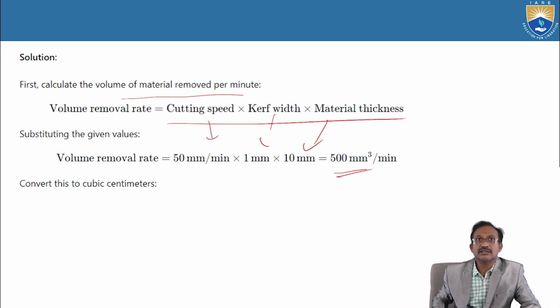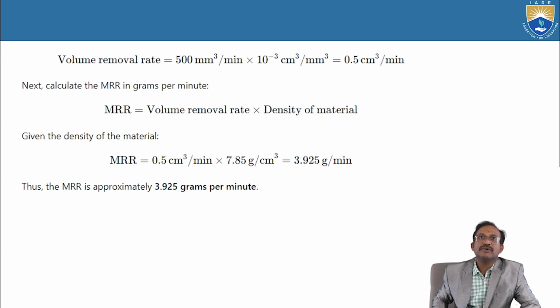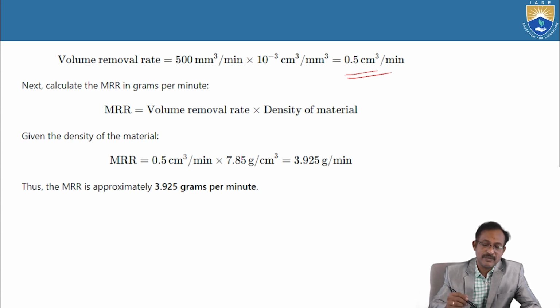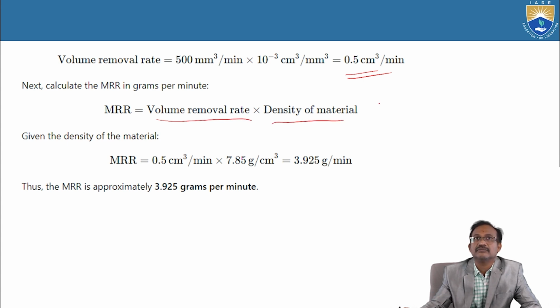We need to convert this to cubic centimeters, so finally we'll get like this. Next, calculate the material removal rate in grams per minute. MRR equals volume removal rate times density of the material.